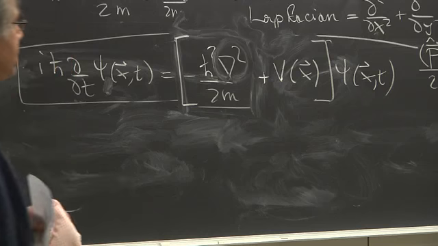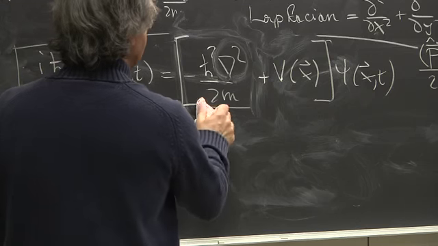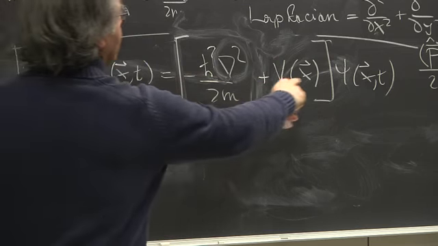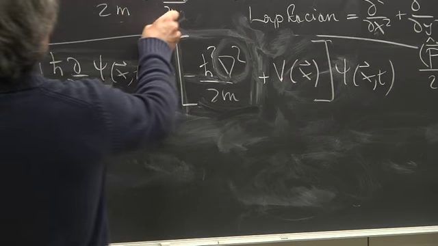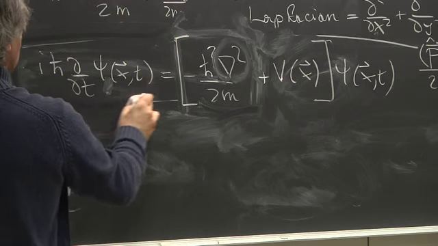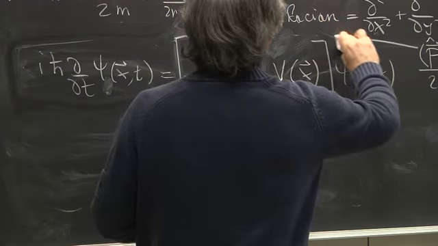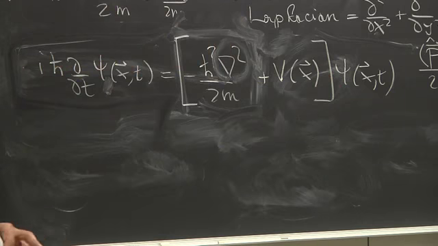It's exactly the same kinetic part, but on top of that there is also a potential piece. This is the full Schrodinger equation for a particle in a potential v of x.